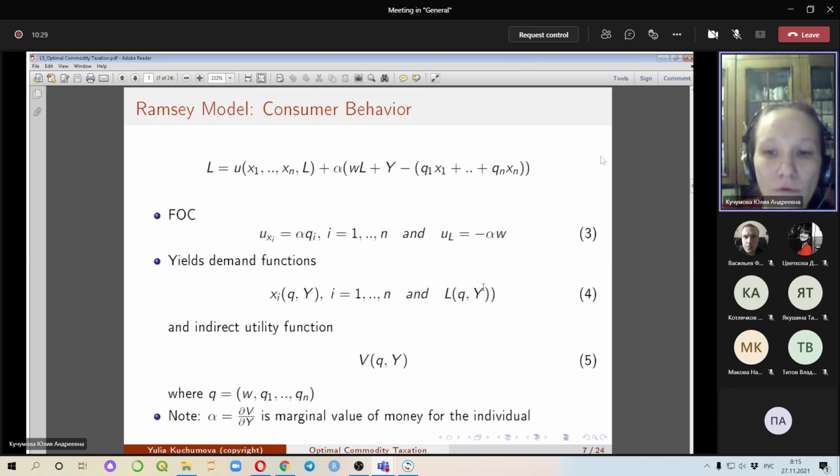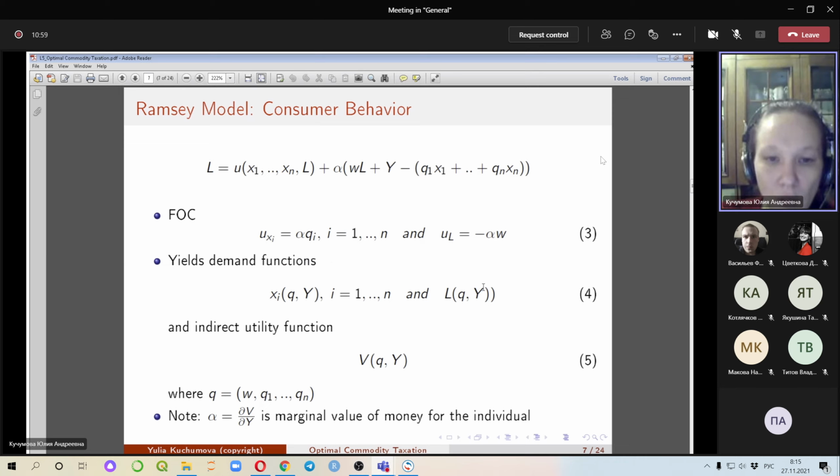So from these first order conditions, we can obtain demand functions, which describe how Qi, the quantity of good i, depends on the prices. Note that Q now denotes all the prices, including the wage rate.